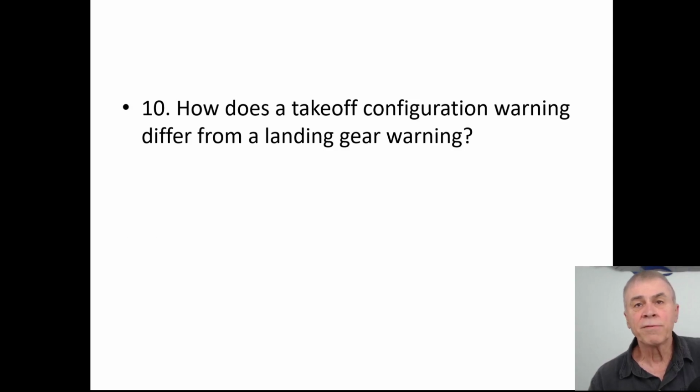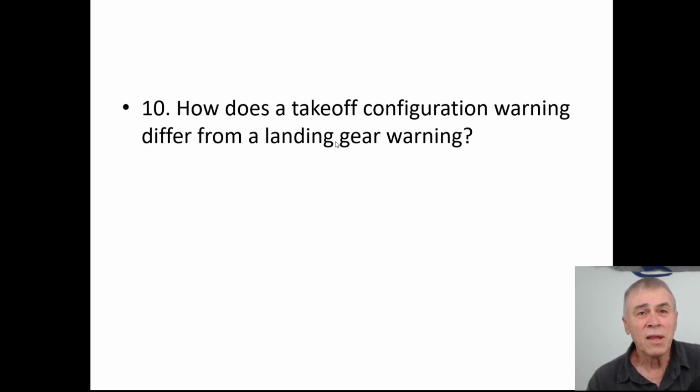How does a takeoff configuration warning differ from a landing gear warning? All right, takeoff configuration, it measures other things than just landing gear. As a matter of fact, it doesn't even really measure landing gear, because if your landing gear is not already down, your takeoff isn't going to start.